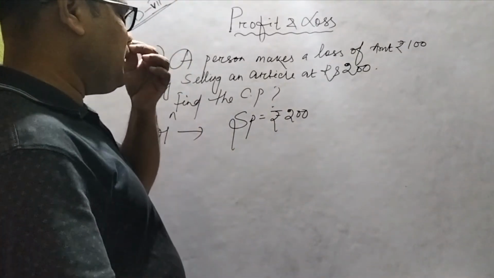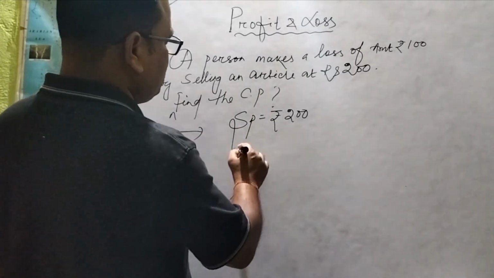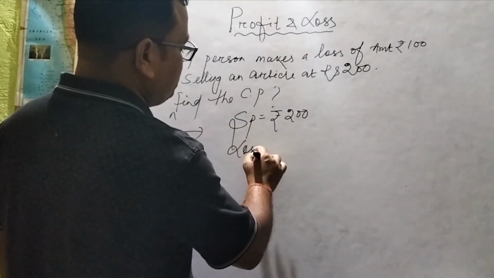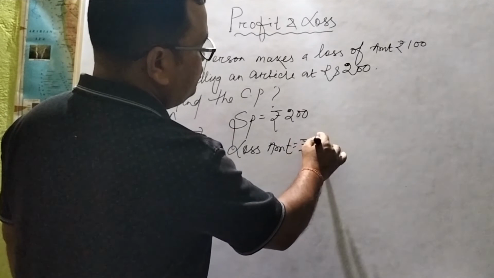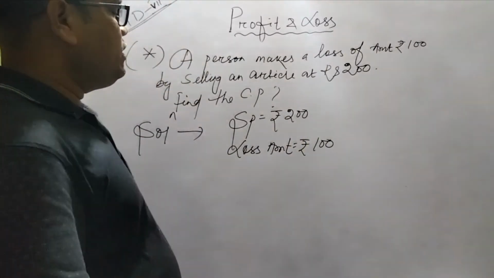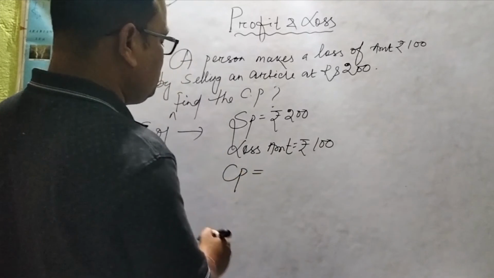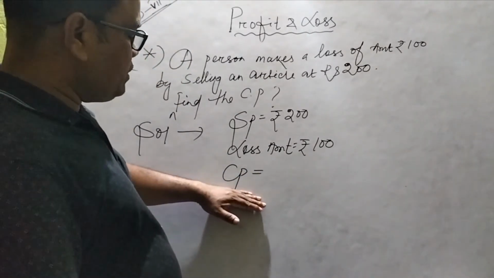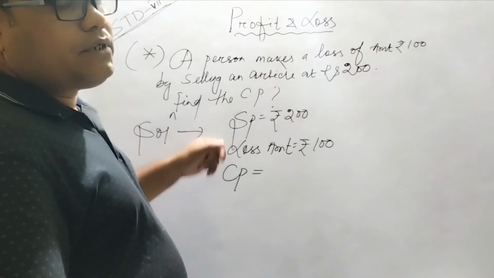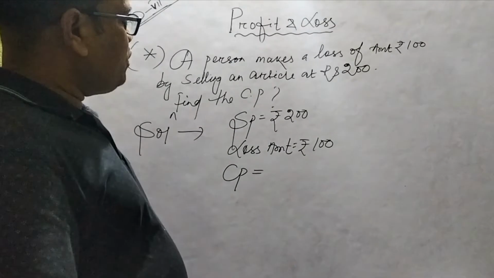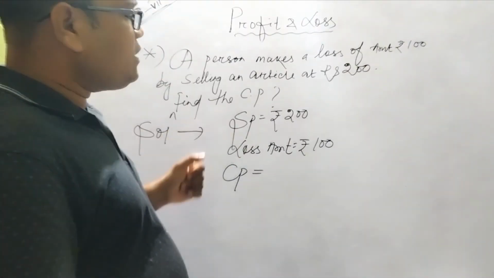The loss amount is also given: rupees 100. Here I have to find the CP. CP is greater and SP is smaller, since a person experiences a loss.